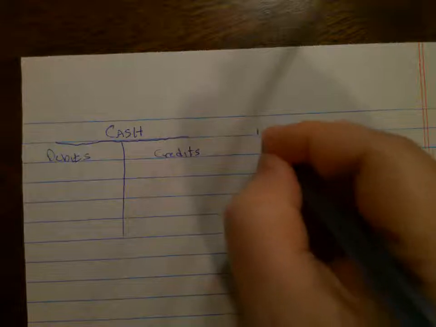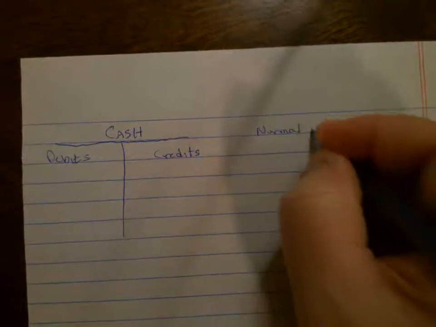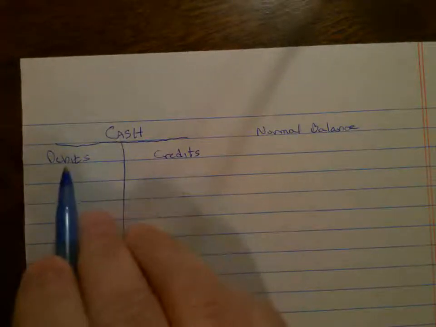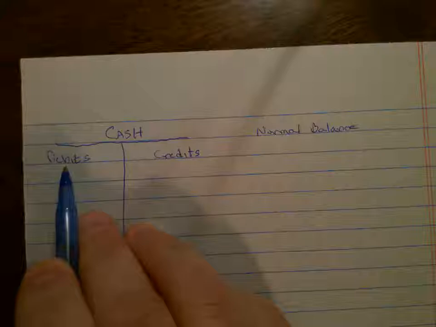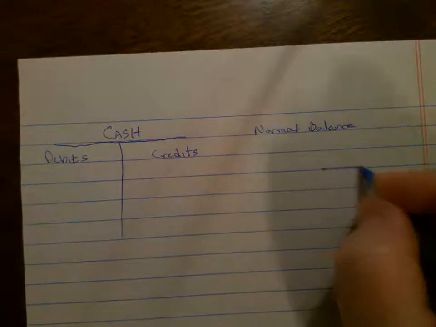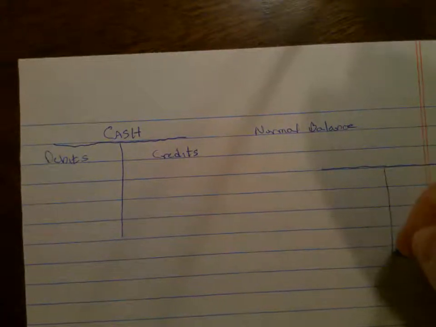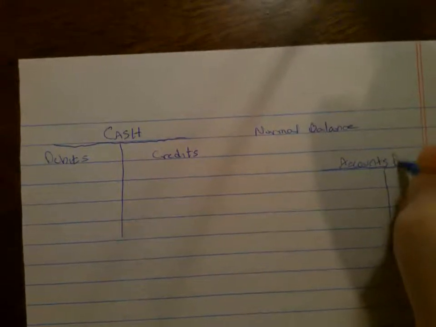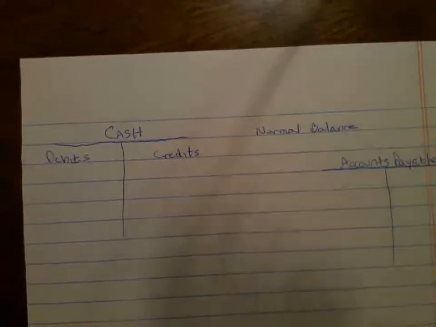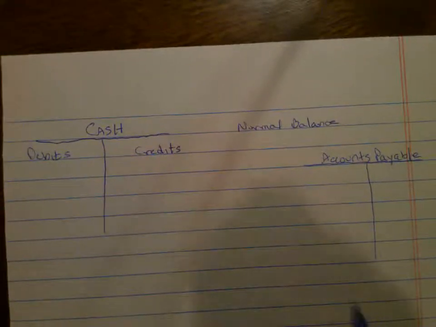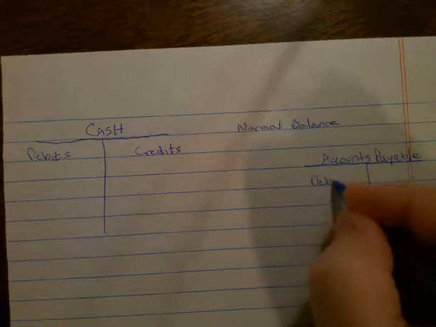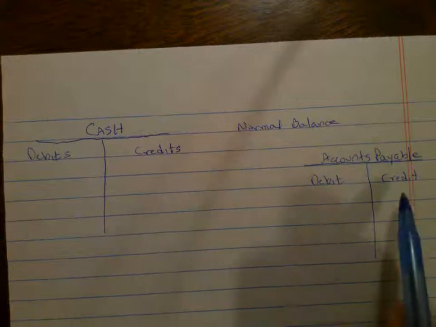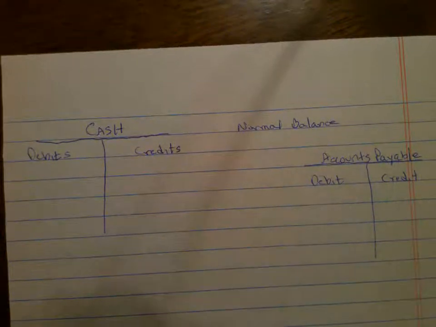Your debits and your credits and what we call a normal balance. So for cash, a normal balance is a debit balance. For something like accounts payable, if I set up another account over here and call it accounts payable, okay, then this account here, this is the debit side and this is the credit side, okay, but the normal balance here is a credit.